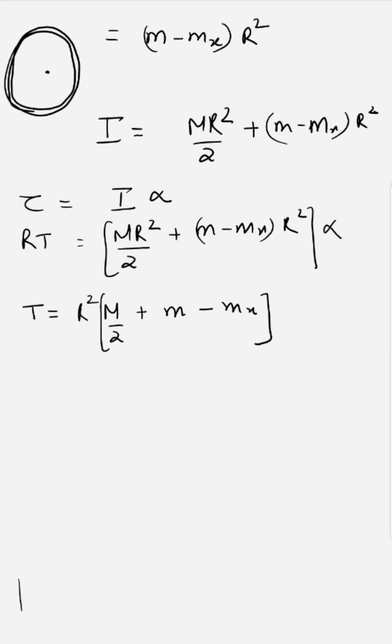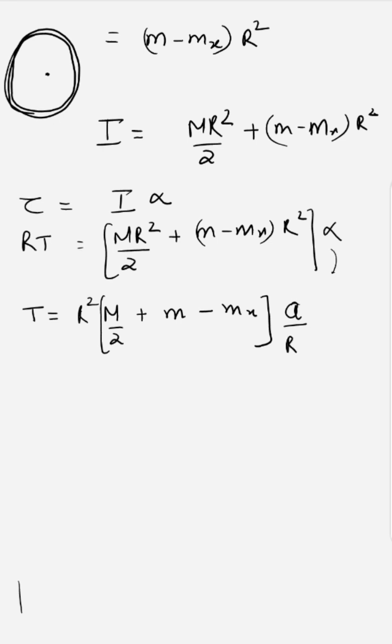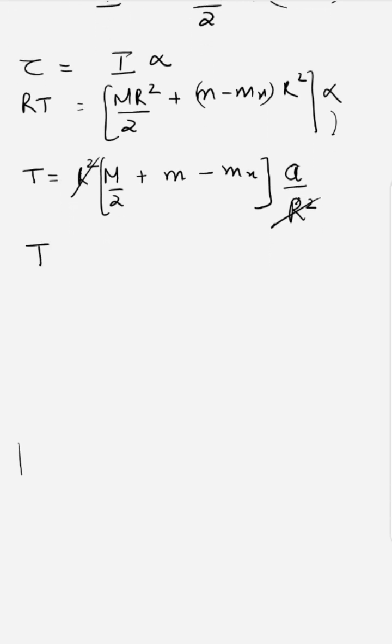Alpha I have not written, so I'm converting this into a by r, alpha is a by r, and this r has also come to a by r square. So this r square gets cancelled, and finally we get tension is equal to (m by 2 plus m minus mx) a. This is the tension we have got.